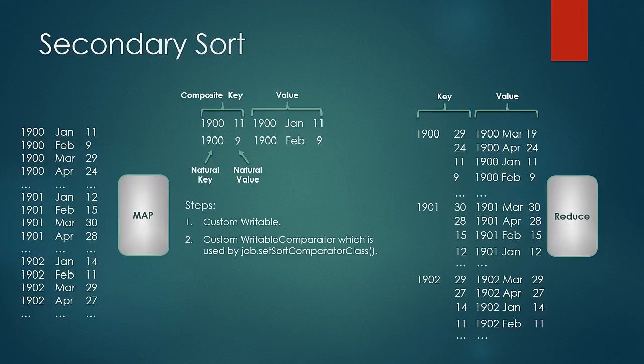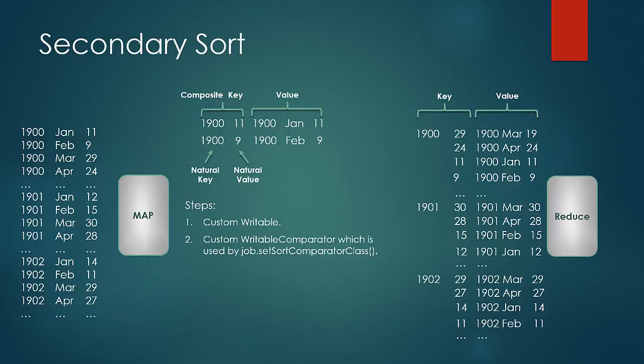For example, in this case, 1900,9 would have to come earlier than the 1900,11 record if we were to arrange the records in ascending order of temperature. So in the compare function, we'll have to write logic that compares the first part of the composite key field and then considers the second part to find the order.